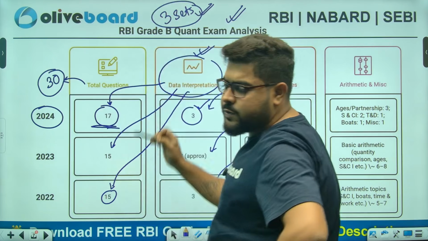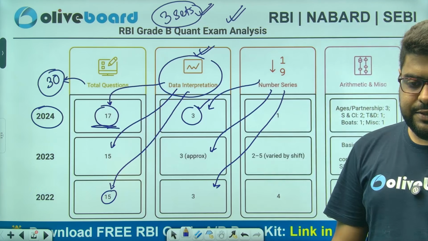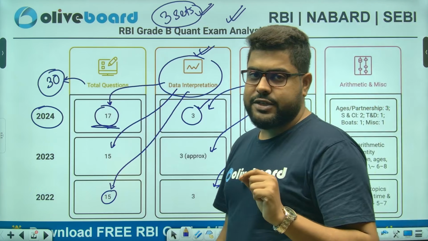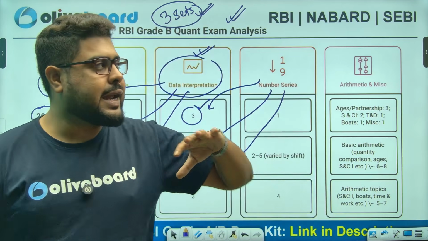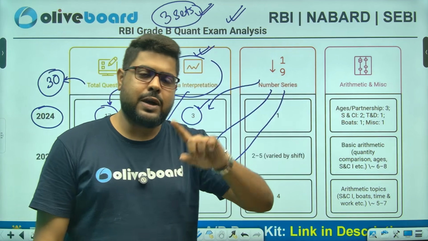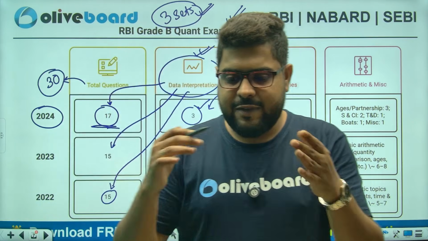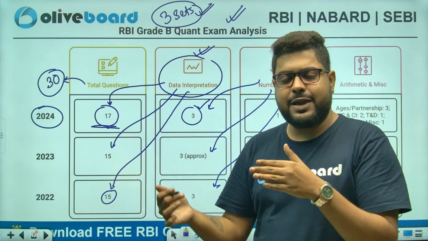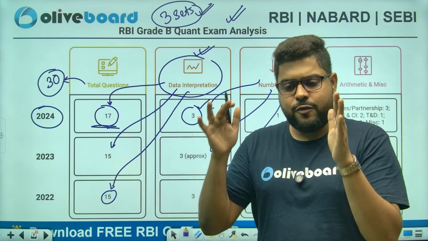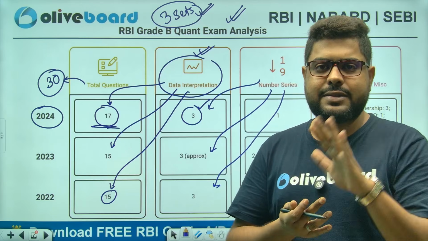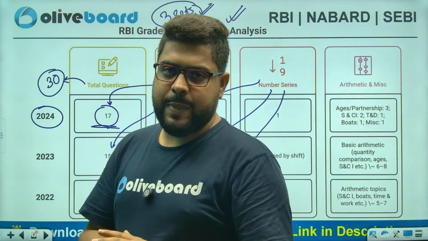On an average, each will have 5 questions. Now here there's a catch. Sometimes one set can have 6 questions, so the complementary set will have 4 questions. If you take the sum of 2 sets, it's 10 questions.